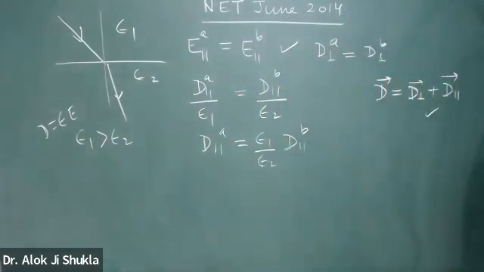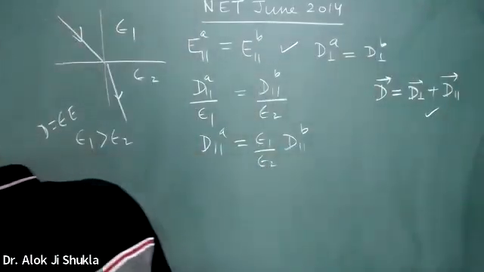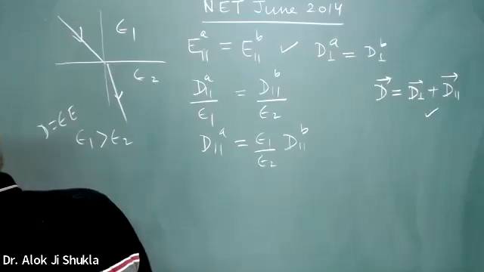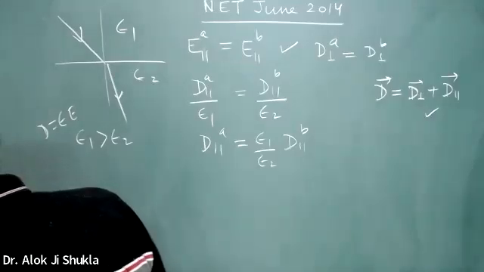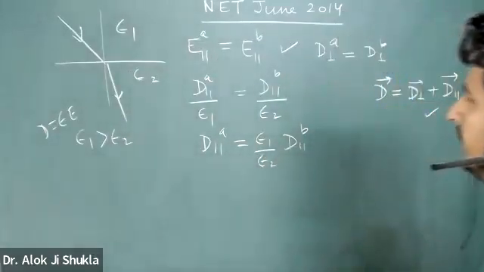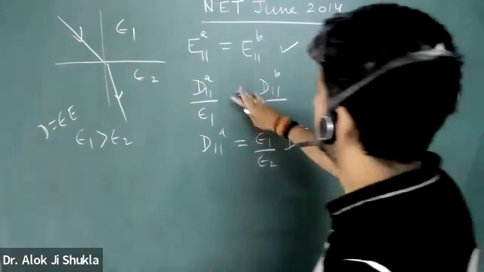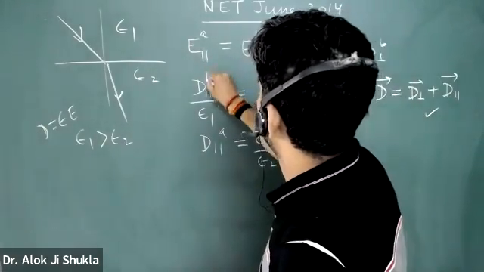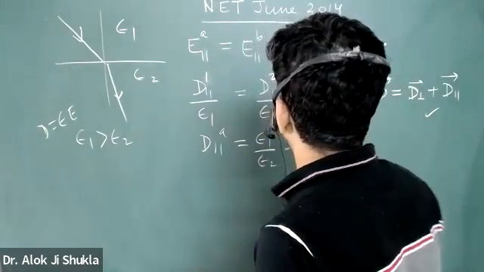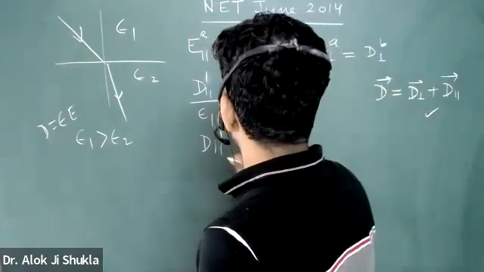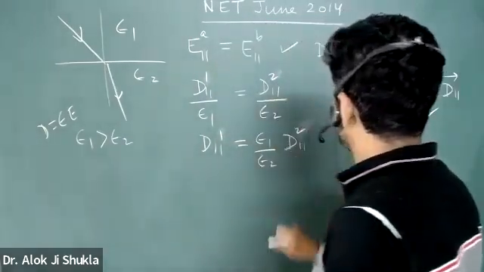Which parallel component is greater, 1 or 2? Epsilon 1 is greater than epsilon 2. I mean, this is 1 and this is 2. तो कौन सा बड़ा है?